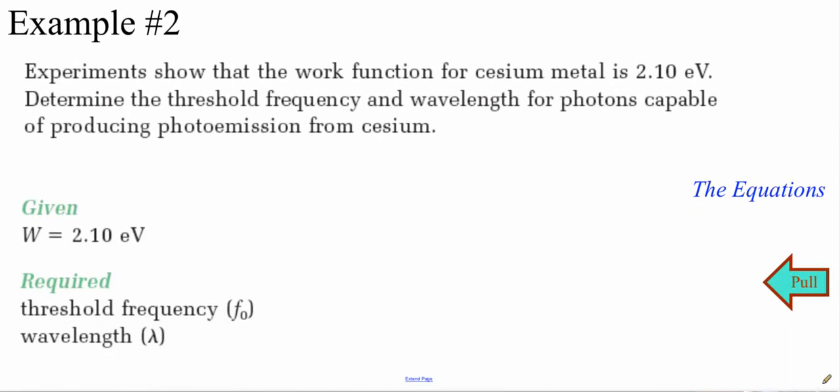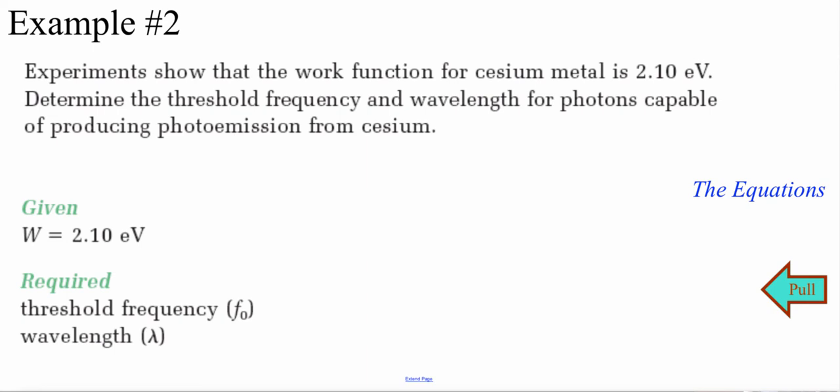Now let's look at my second example. In this one, we have an experiment that shows the work function for cesium metal is 2.1 electron volts. Determine the threshold frequency and wavelength for the photons capable of producing a photoemission for cesium. So I'll look at what's given here. We have 2.1 electron volts, and we're trying to figure out my threshold frequency and wavelength.